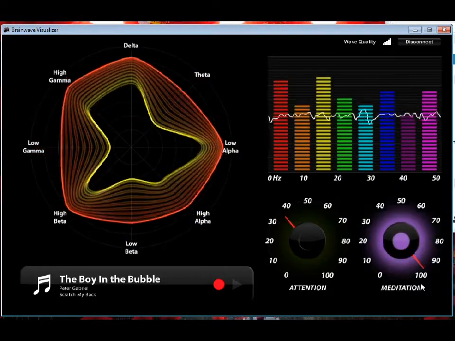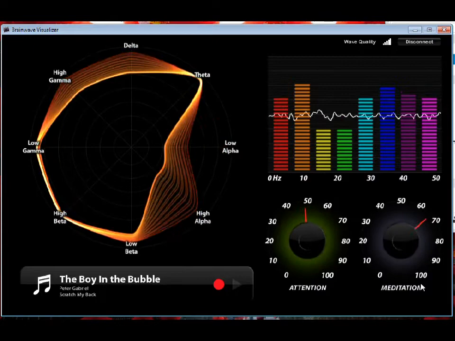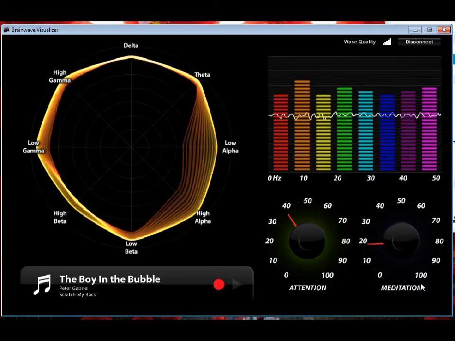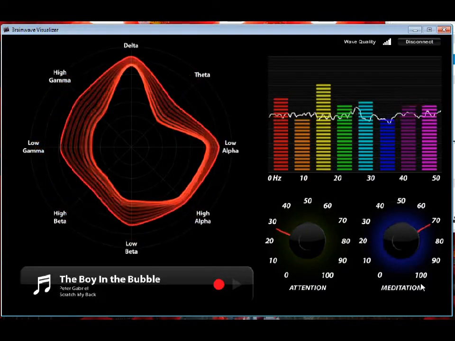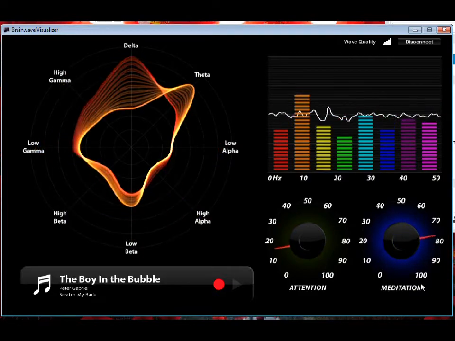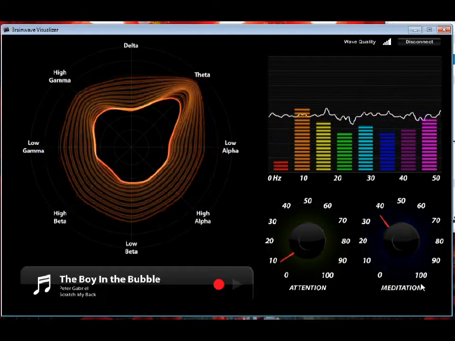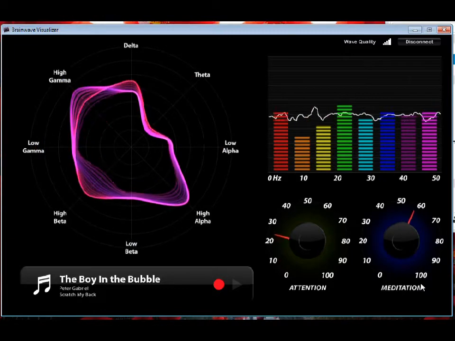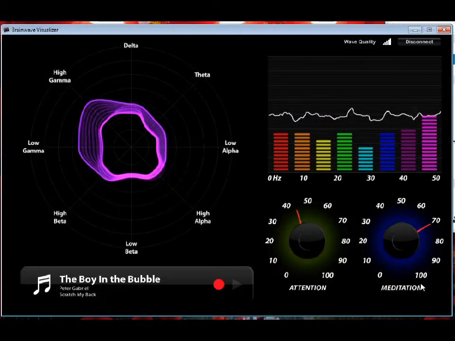Now, attention is real easy to do too. For the little time I've had it, I've been able to push the attention ranges way up into the 90% range. One of the things I'm hoping to study out of this is, what's the best pattern?